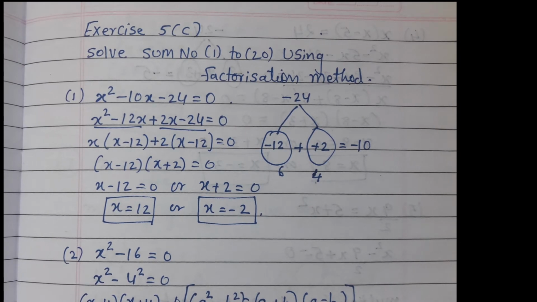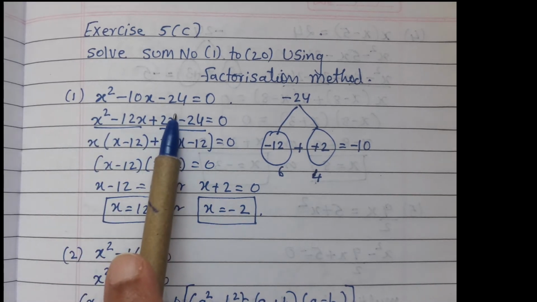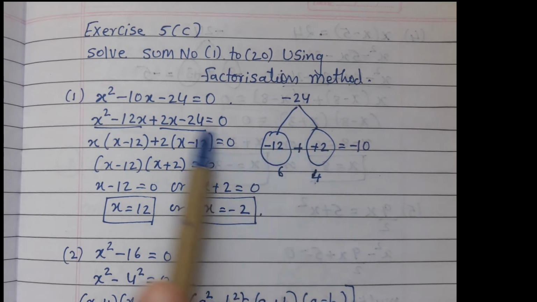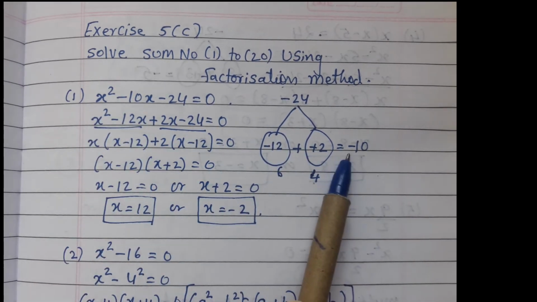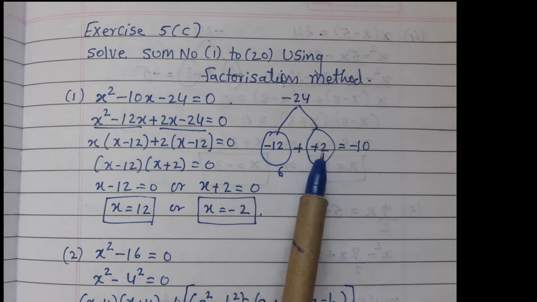Okay, first sum, x square minus 10x minus 24 is equals to 0. So 1 into minus 24 is minus 24 and middle term is minus 10. So minus 24 we have to split in such a way.